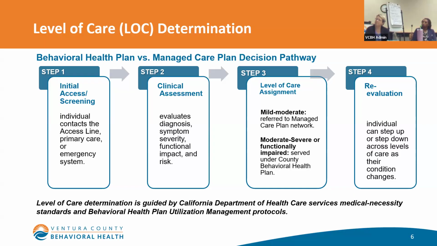And at times, like I mentioned before, people move in and out of the system. If they are going to be transitioned to a lower level of care, we do a transition of care tool to ensure a smooth transition to Gold Coast.